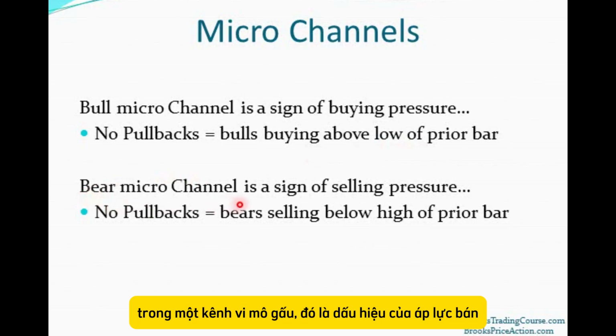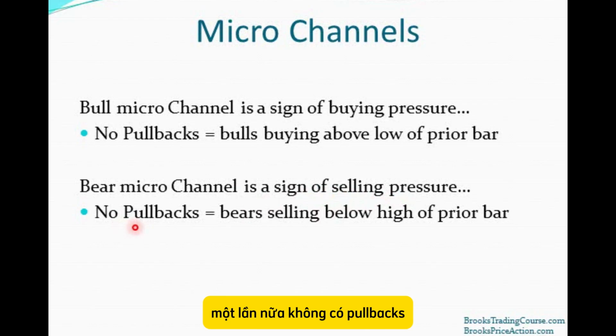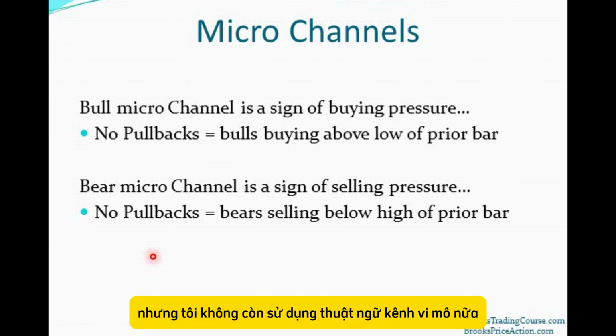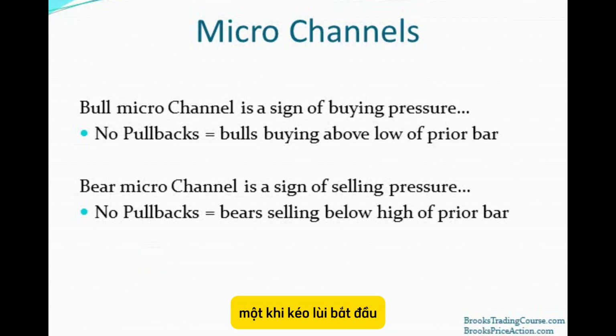In a bear microchannel, it's a sign of selling pressure. Again, no pullbacks. The channel keeps going down, and the current bar does not go above the high of the prior bar. Once it does, the channel has ended. It can still be a tight channel, but I no longer use the term microchannel once pullbacks begin.